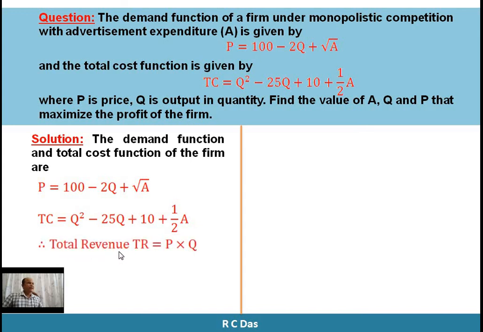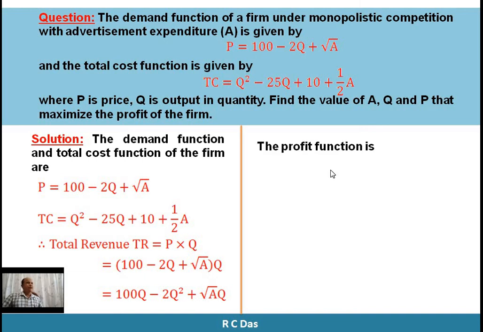Therefore, total revenue TR is equal to P into Q. Here we are given price, so total revenue is price multiplied by output, equal to the value of P, 100 minus twice Q plus root over A, multiplied by Q, that is equal to 100Q minus twice Q square plus root over A into Q.